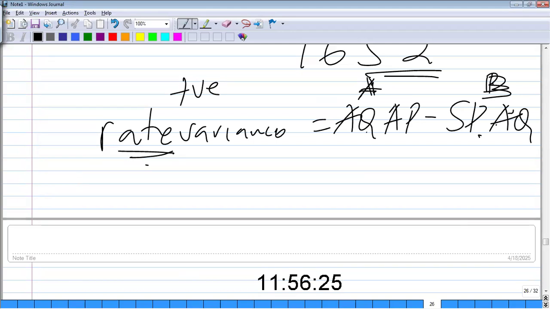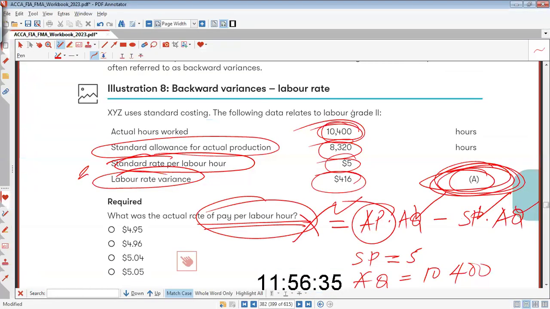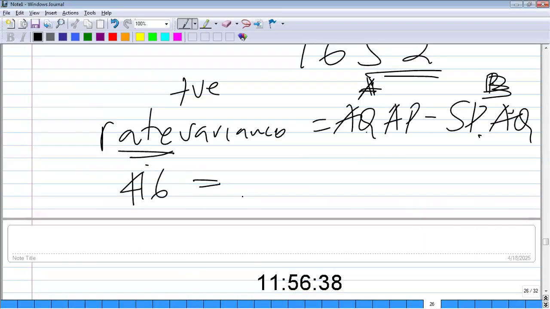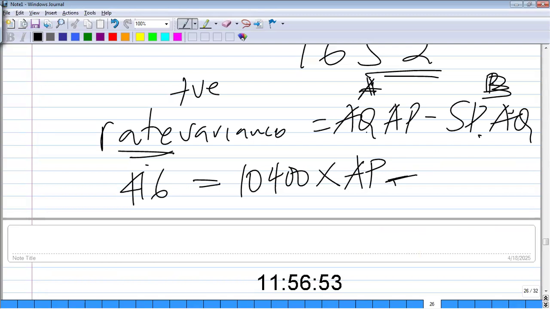So what was the rate variance? 416 is equal to our actual quantity, actual hours worked of 10,400, times AP, the actual rate of pay, minus SP, 5, times 10,400.